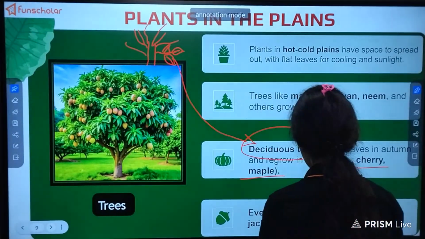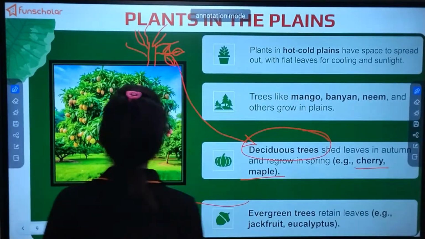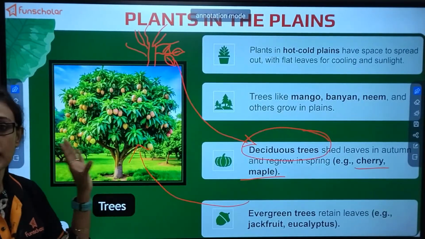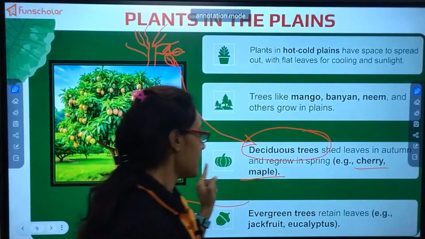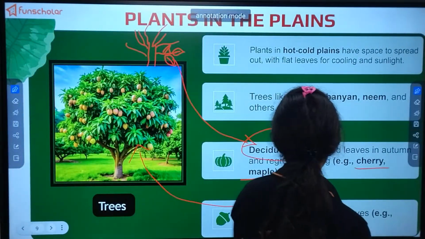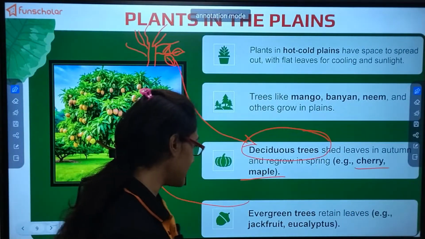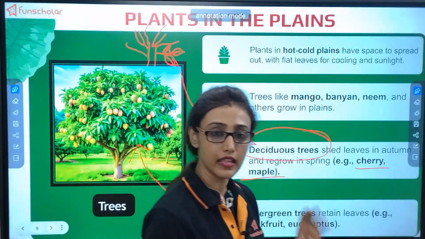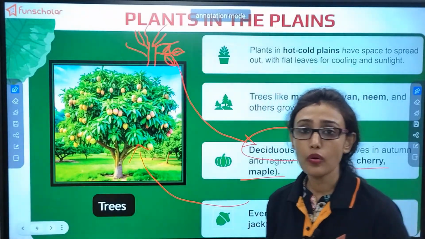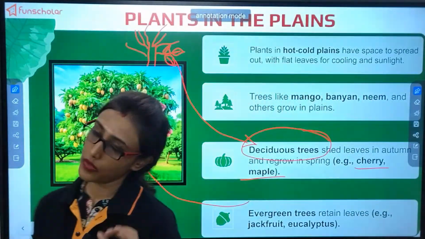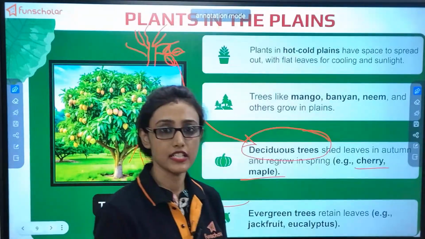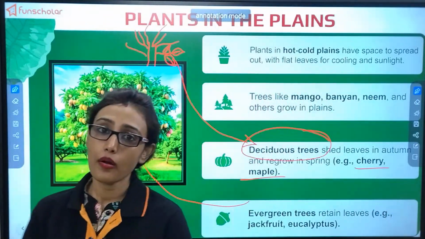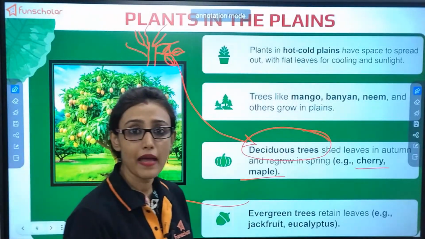And what are evergreen trees? An evergreen tree is the mango. You can see the leaves throughout the year. Examples given here are jackfruit, eucalyptus and also mango. You can see they retain their leaves throughout the year. Deciduous trees shed their leaves during autumn and the leaves are formed again during spring. Why, ma'am?